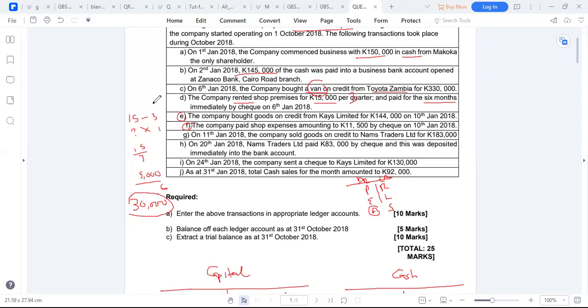For E, we have purchases account and Case Limited. The company bought goods on credit from Case Limited, 144,000 on 10th January. What 2 transactions are we looking at here? Purchases and Case Limited, correct. So who's Case to us? Our creditor. Using payrolls, purchases have a debit balance, right? Creditors have a credit balance.